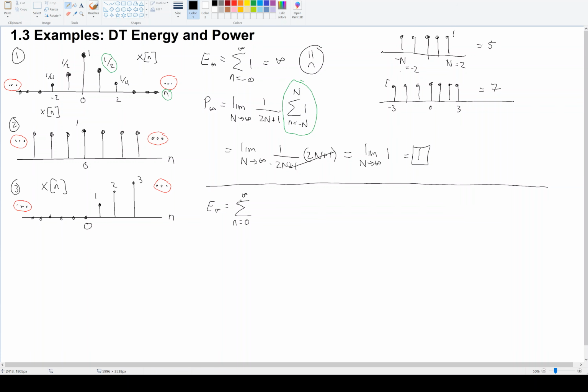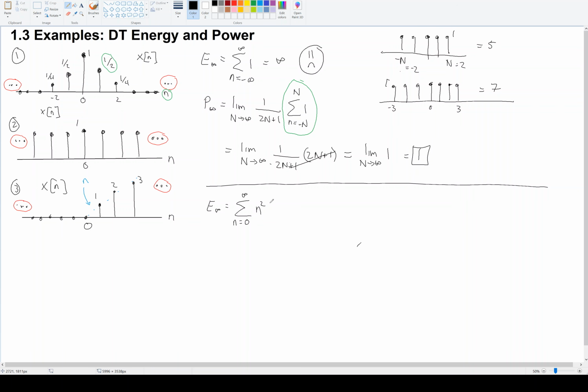And here, I'm going to use math to model this thing as it increases. So for any n, how is this signal growing? Well, it grows with n. If n is 1, the signal is 1. If n is 2, the signal is 2. If n is 3, the signal is 3, and so on. So my signal is n. And then when I square it, because I have to square it according to the energy formula, I get n squared.